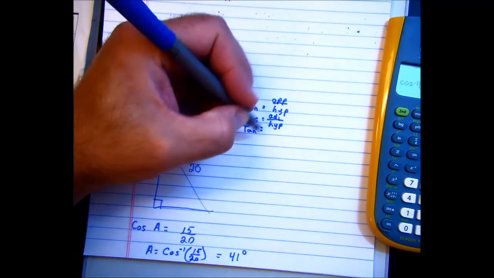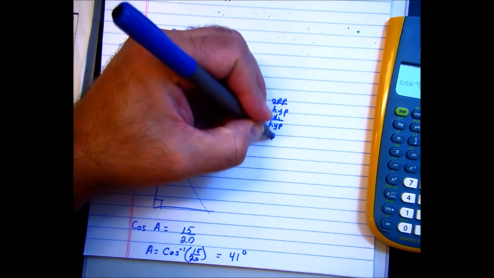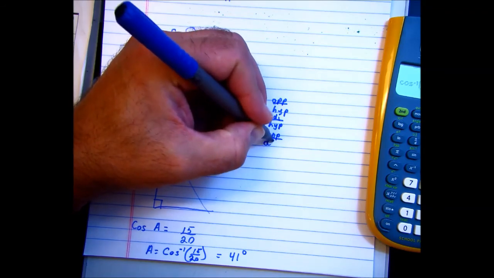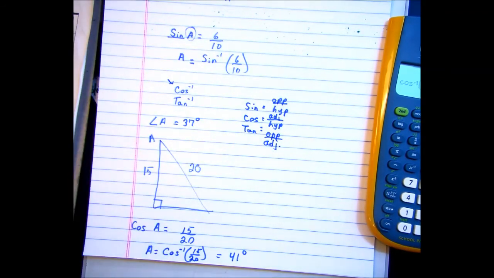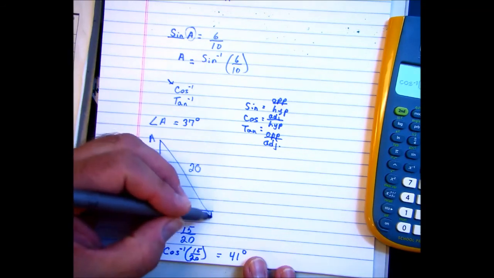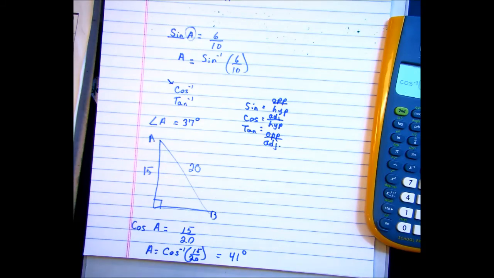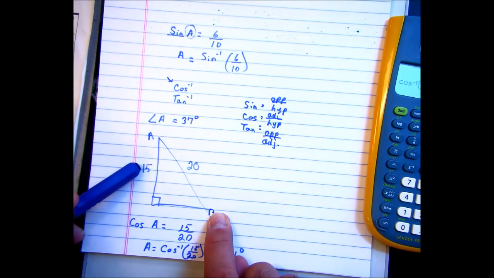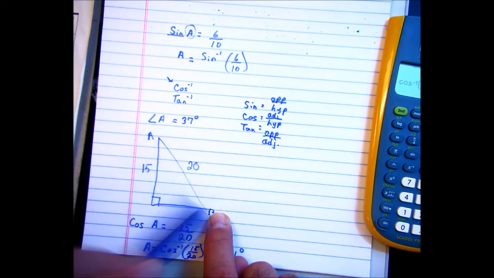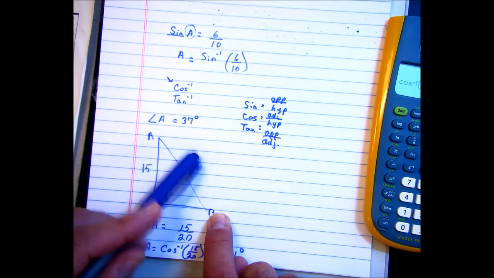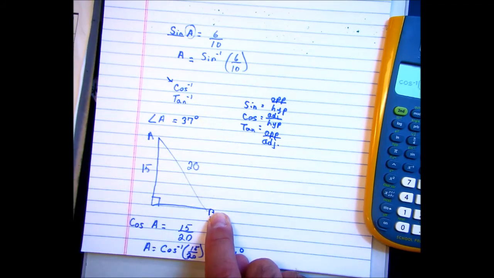The one that doesn't use the hypotenuse at all is tangent, opposite over adjacent. When you know how to name the sides, it's based on where you put your finger. So if I wanted to find the measure of angle B, I would use sine, because 15 is opposite B and the hypotenuse, so opposite over hypotenuse would be sine.